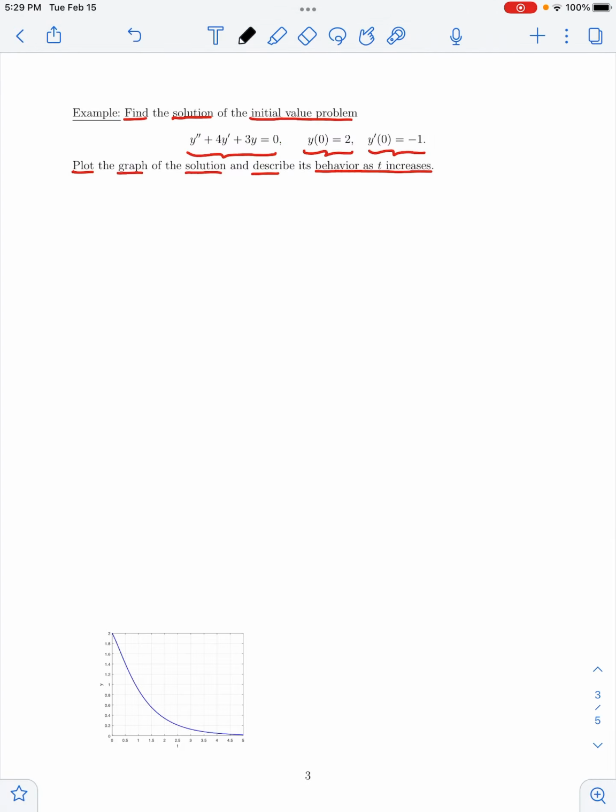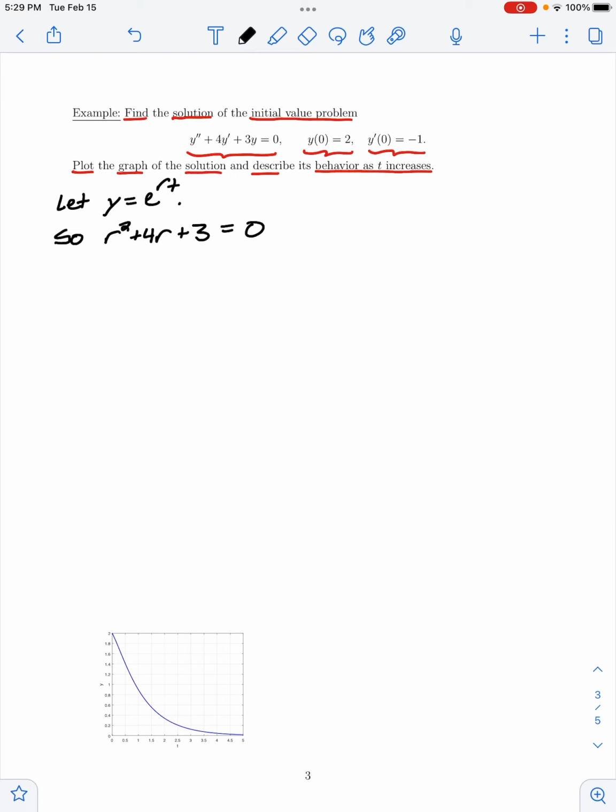As soon as we see that we're working with a second order homogeneous linear equation with constant coefficients, we know that our solution technique is to consider a solution of exponential form. Let y be of the form e to the rt, which means that r is a root of the characteristic equation 1r squared plus 4r plus 3 is equal to 0.